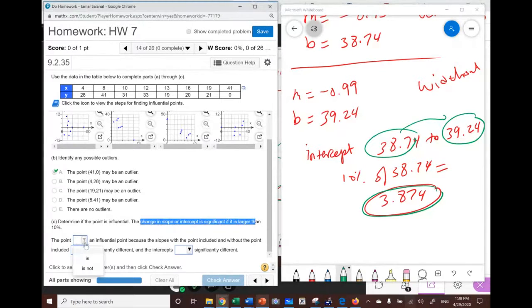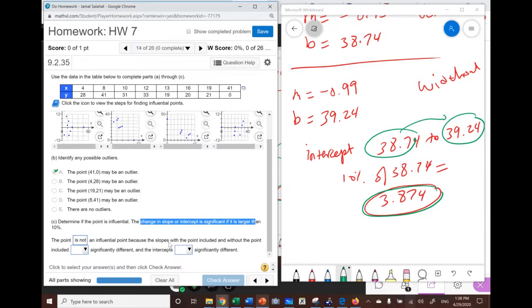Therefore, the point is not influential. Again, it is influential if it makes a change. It will have a big influence if the change it creates is more than 10%. And in this case, we notice that the change is less than 10%. So therefore, it's not influential, because of the slope with the point included and without the point included.